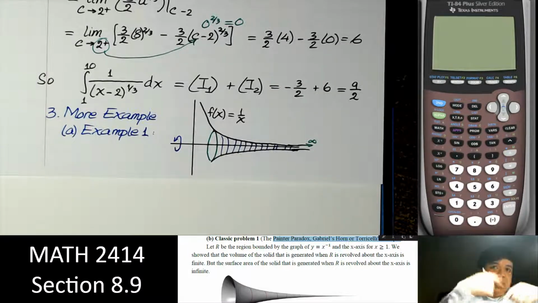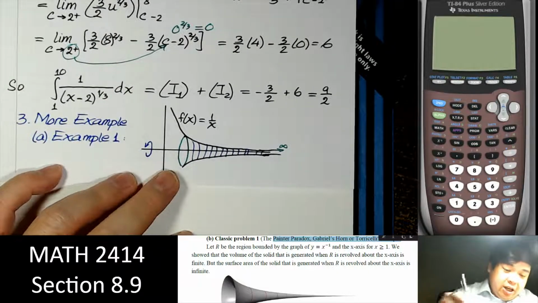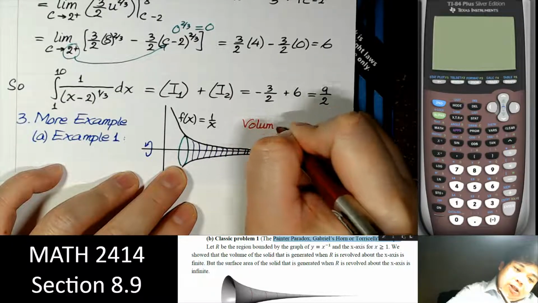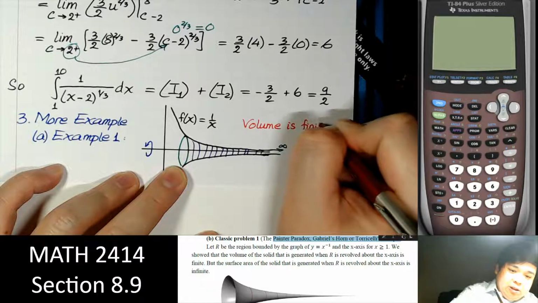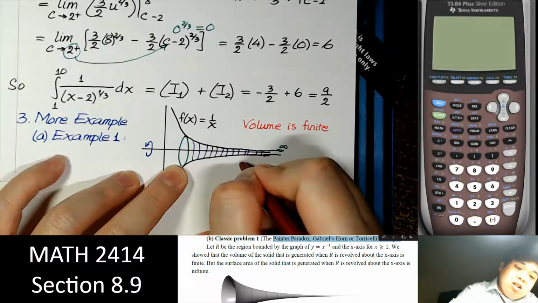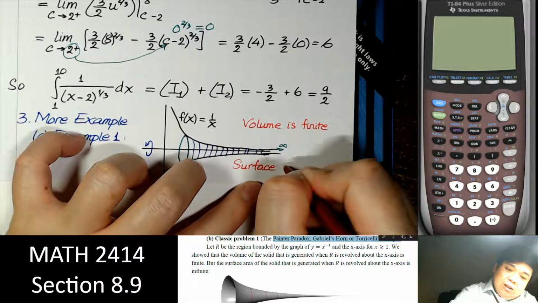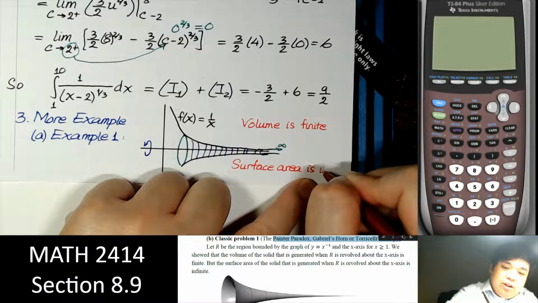So surface area around and the volume inside. The weird thing about this is the volume is finite, but the surface area is infinity.